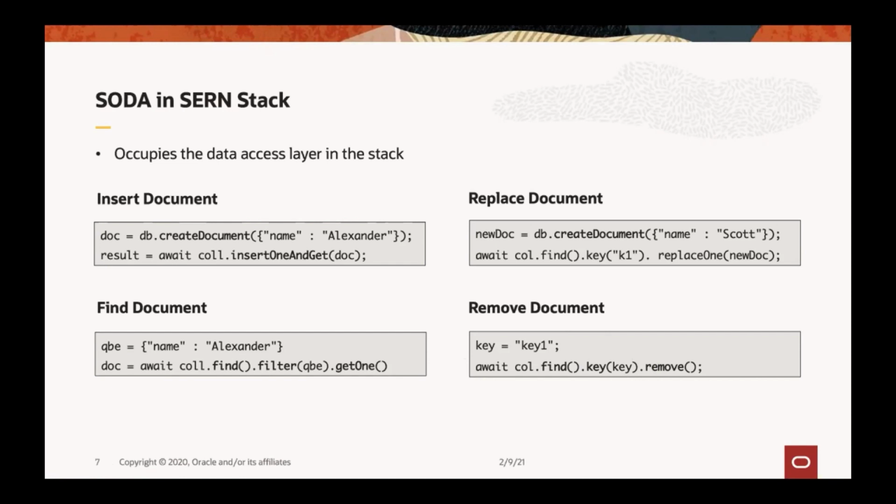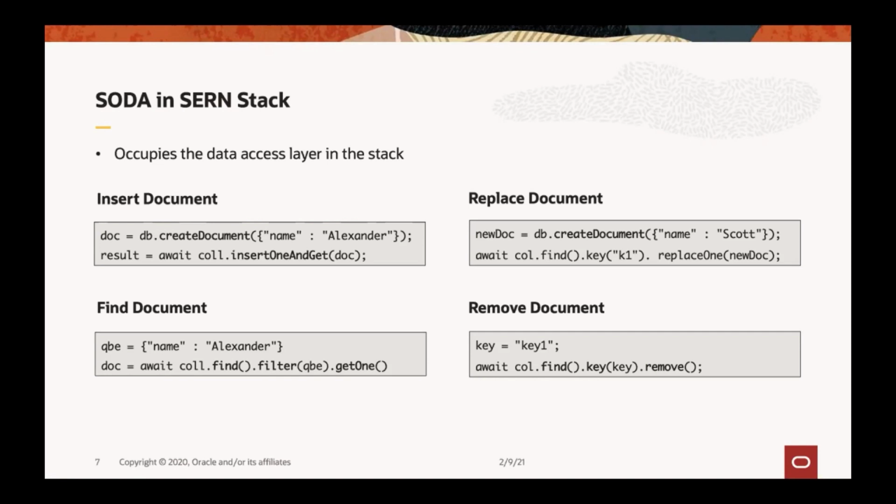You do not have to write complex SQL queries with binds and bind values specified. SODA takes care of binds and executing the statement. If you're coming from the SQL world, it sometimes gets tricky to issue binds and bind values and execute the statement, but SODA abstracts all that complexity.